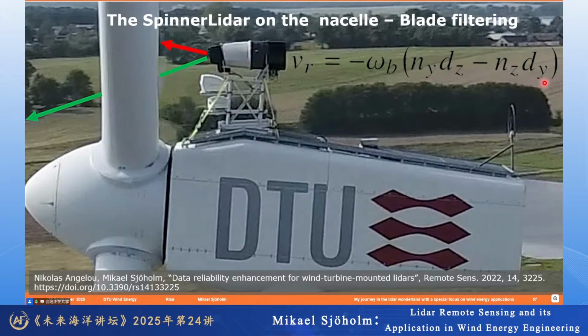That gives a radial wind signal that depends on the sidewise component of your pointing vector and the displacements above the center of the rotor, and the same for the vertical part of it. This is just a simplified result of it. You can read more about it down here.